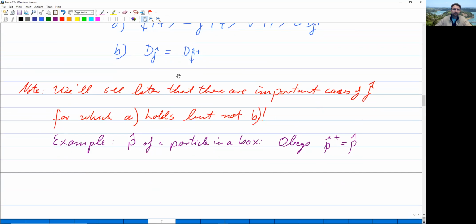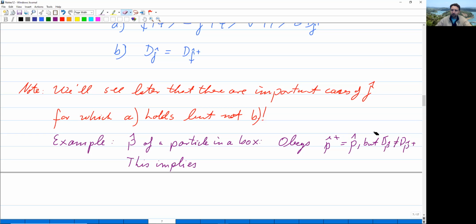It means that the uncertainty in the momentum of a particle in the box cannot be made smaller than a certain finite amount, which is h bar divided by L. So this implies, and we just spell it out so that you have it in the notes, that the domain of p hat is not equal to the domain of p hat dagger.